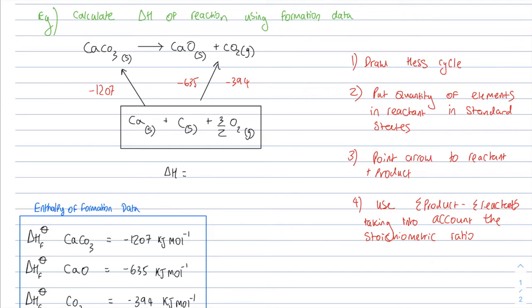So the products are minus 635 minus 394, the sum of the products, subtracted by the enthalpy of formation of the sum of the reactants. So sum of reactants is minus 1207, and we get an answer of positive 178 kilojoules per mole.